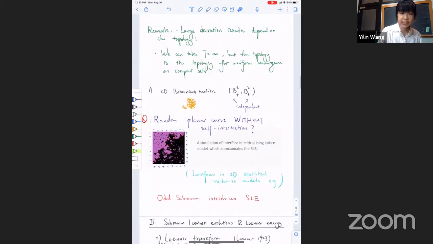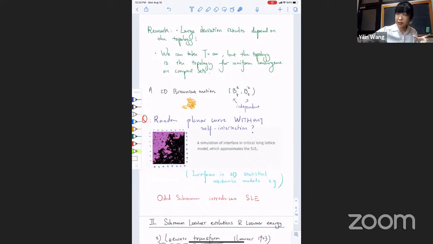At criticality, there is a critical temperature in the Ising model. At the critical temperature, this interface will have a conformally invariant property. That is, if you take the mesh size going to 0, you will see a macroscopic curve like this, but this curve is a random curve.